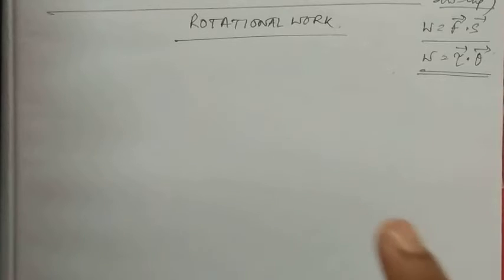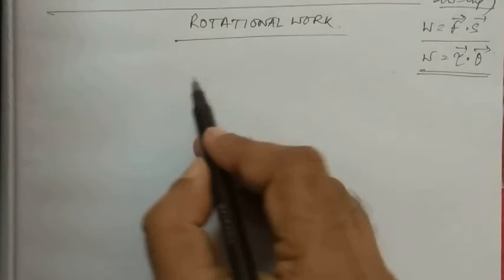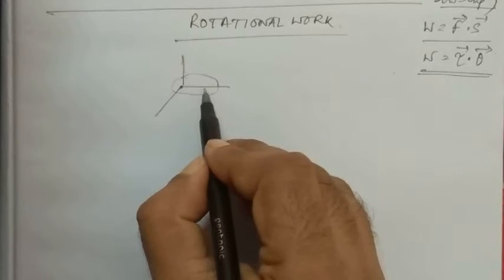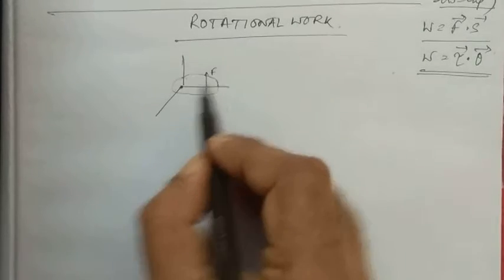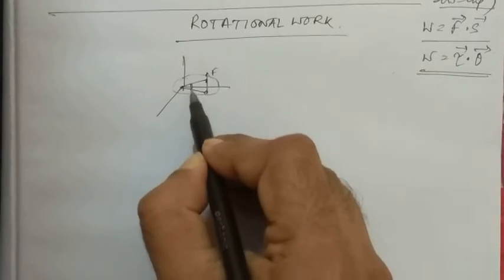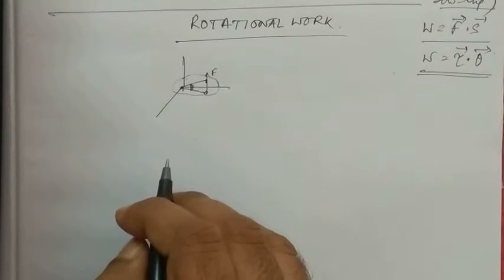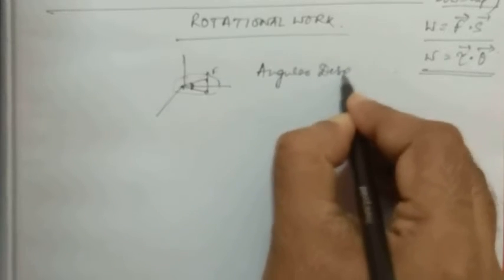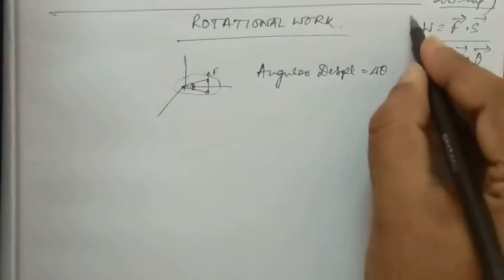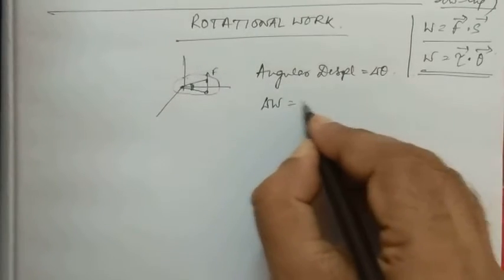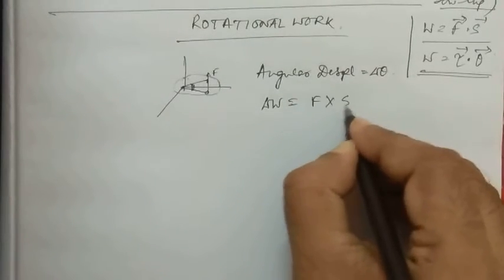Now if you try to explain it in this way: again a three axis body. There is a force F acting on the body. The body rotates from this position to this position. So the angle displaced by the body is delta theta. Angular displacement is equal to delta theta, and so the work done will be equal to force into displacement.